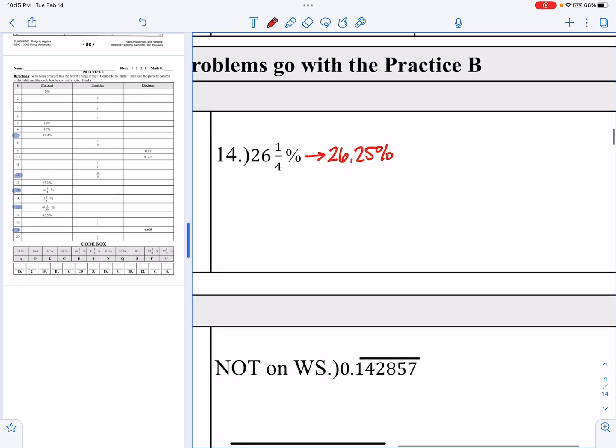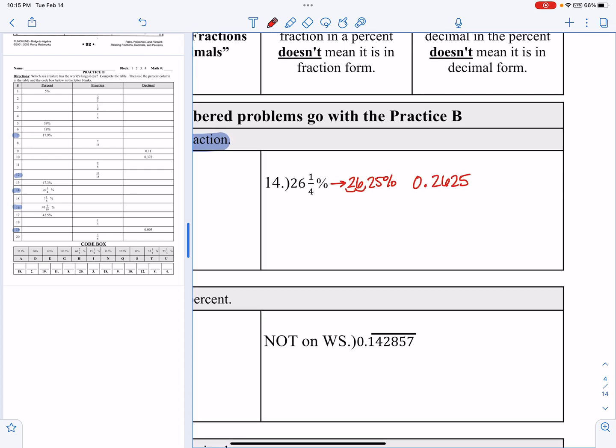We know our trick with changing it to decimal form is dividing by 100 or moving the decimal 2 spots to the left. So this gives us 0.2625 with a 0 in front. There's my decimal. My job, though, is to write a fraction. So I have tenths, hundredths, thousandths, 10,000ths. And so we have 2625 over 10,000.